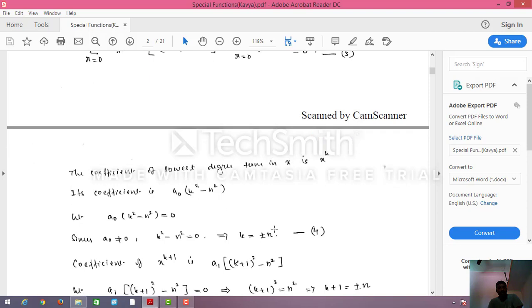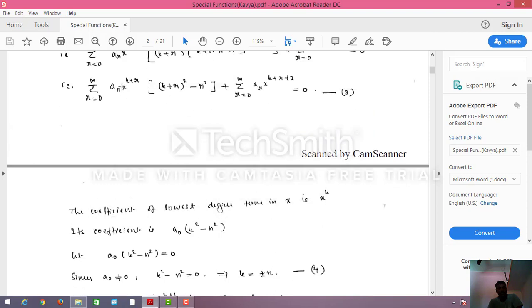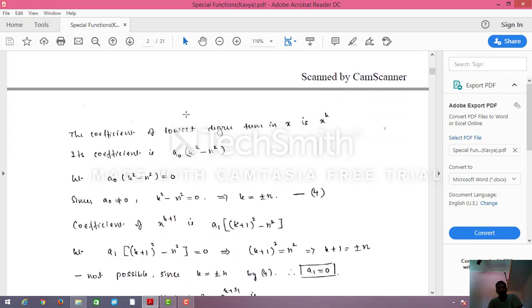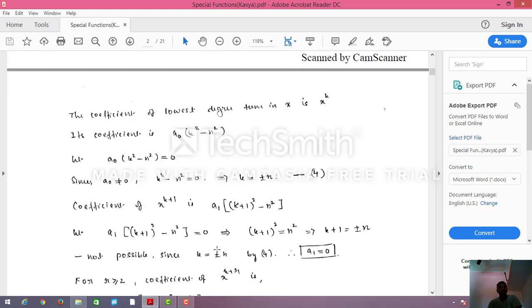Next term I will equate. It will give r equal to 1 here. So what will we get? A1 into x power k plus 1, times k plus 1 whole square minus n square. Now, if k plus 1 whole square equals n square, then k plus 1 equals plus or minus n. Already we got k equal to plus or minus n, so this is not possible, since k equal to plus or minus n by equation 4.